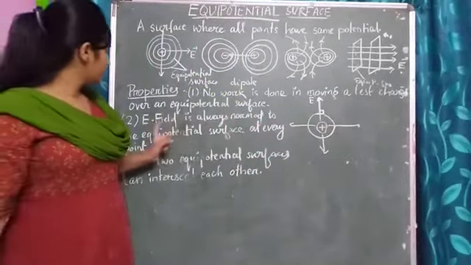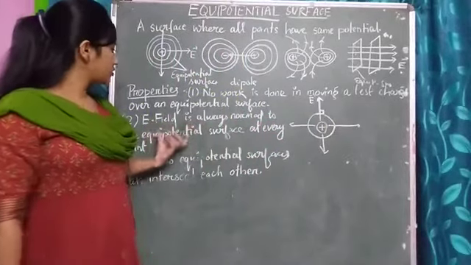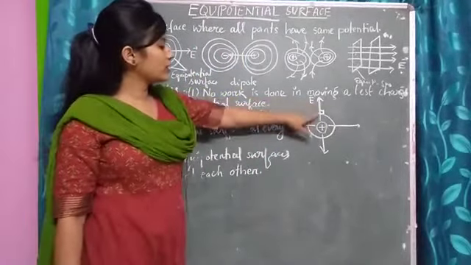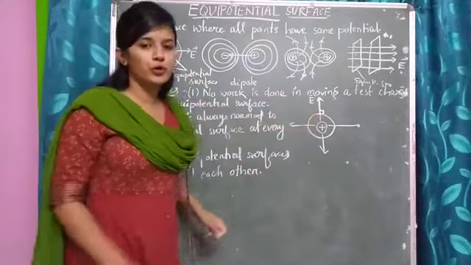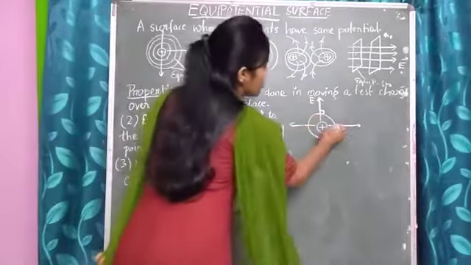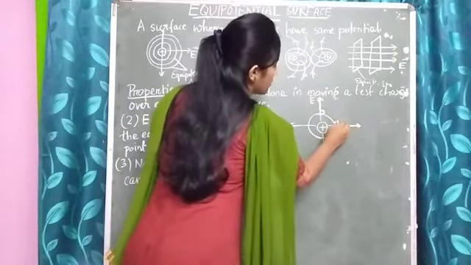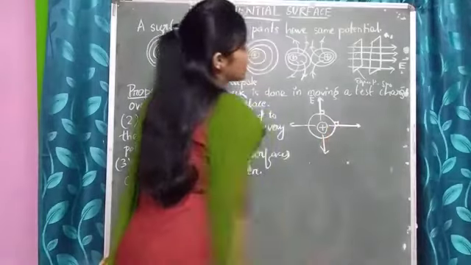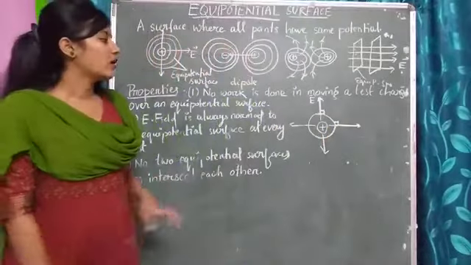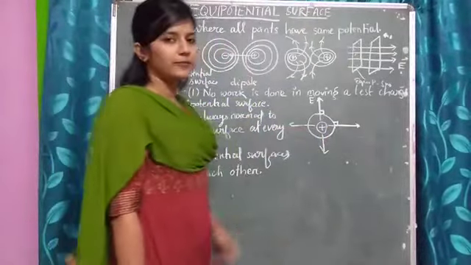So this is property 2: the electric field is always normal to the equipotential surface. For this direction also, the equipotential surface makes an angle of 90 degrees.